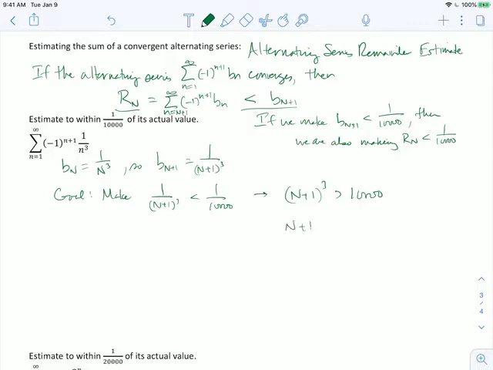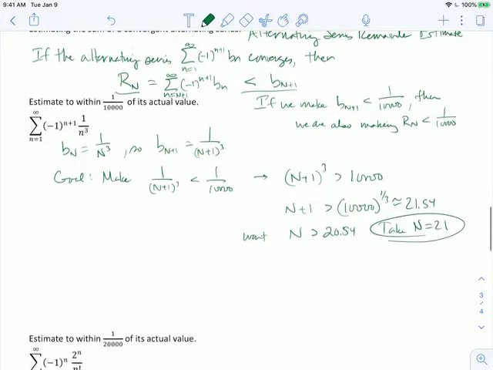To find what n is, I can then take the cube root. That's approximately 21.5. And so we want n to be bigger than 20.5. So we'll take capital N to be the smallest one that works, 21.